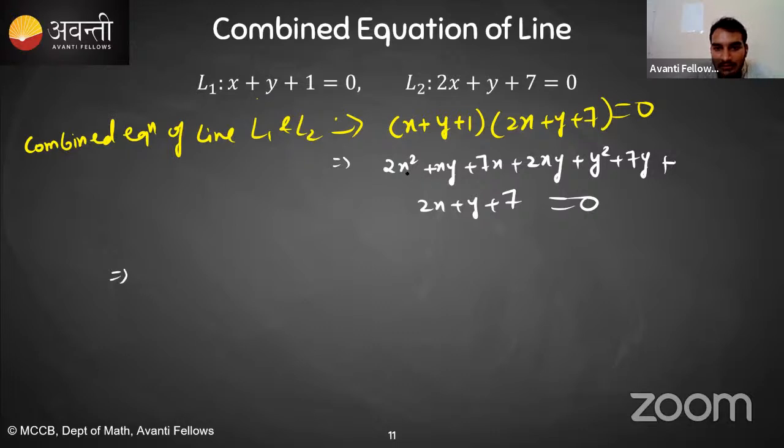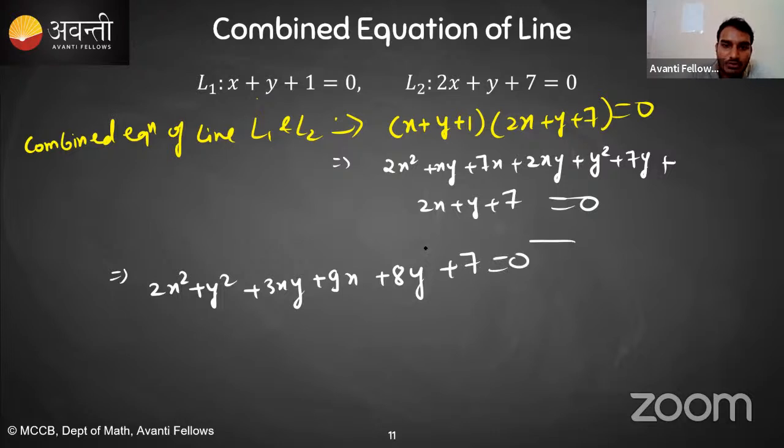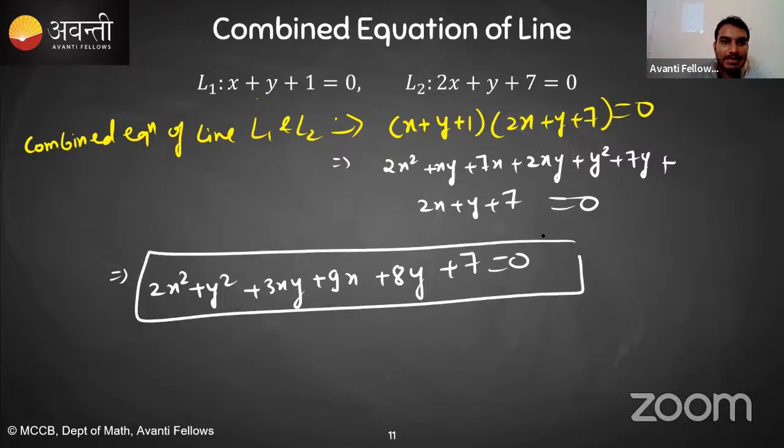So student, what are we getting? 2x square plus y square, this is xy, 2xy means 3xy, 7x plus 2x, 9x, y plus 7y, 8y plus 7 is equal to 0. So this is nothing but the combined equation of the line L1 and L2. Is this clear? Tell me, is this clear?